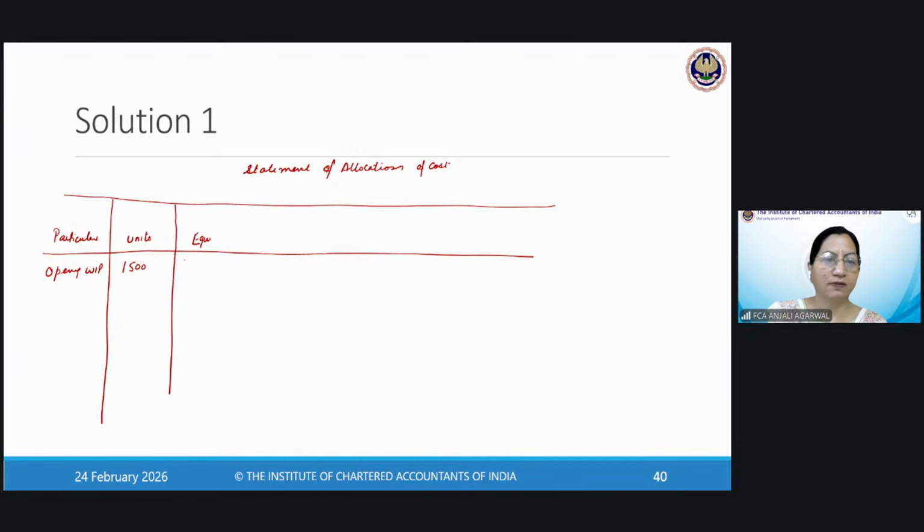Equivalent units for each element: material 0, labor 1000, overheads 1000.